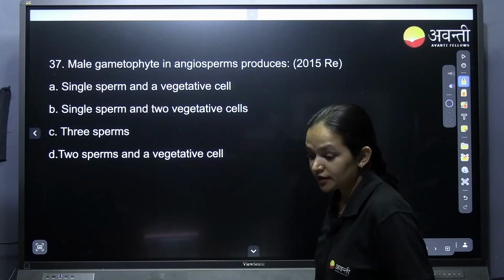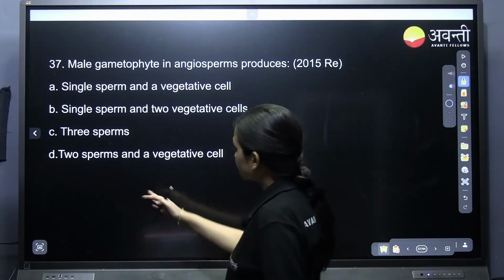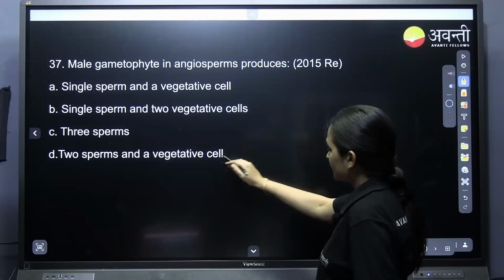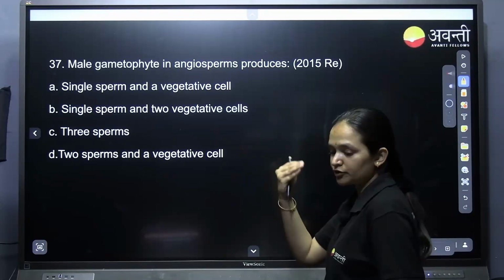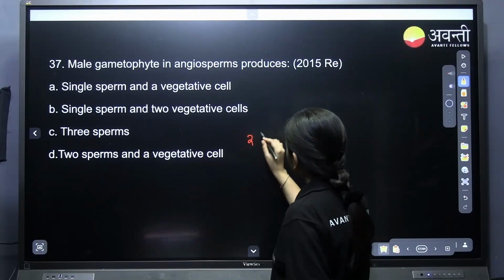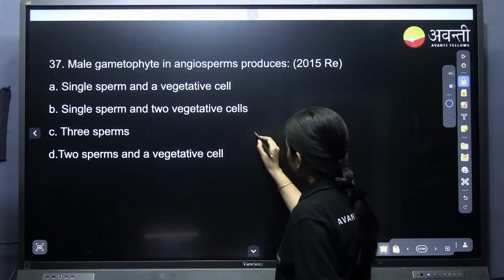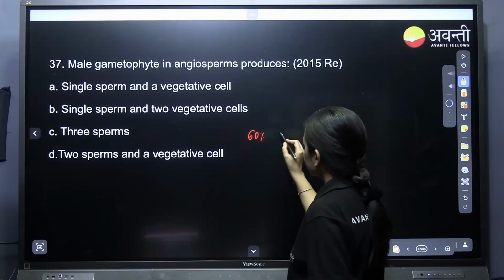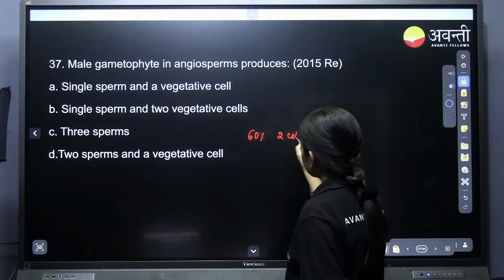So yes, very good Sakshi. So 2 sperms and a vegetative cell. What happens, I'll tell you. The pollen in around 60% of the plants is released in the 2-celled stage.